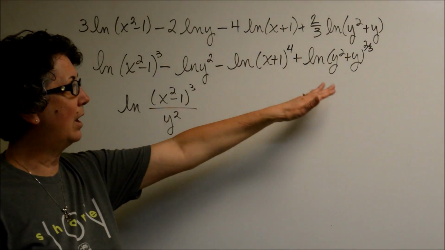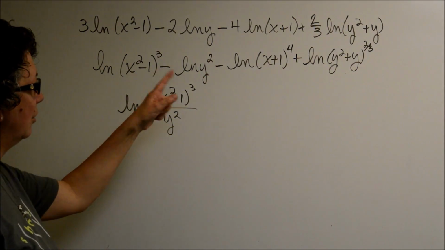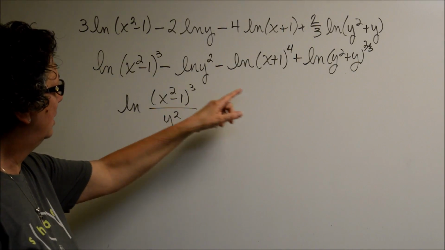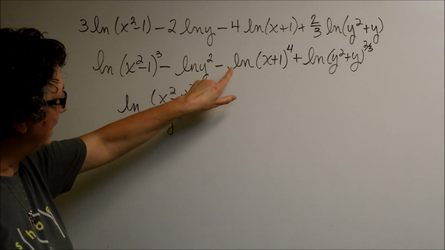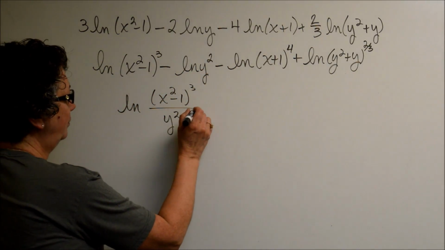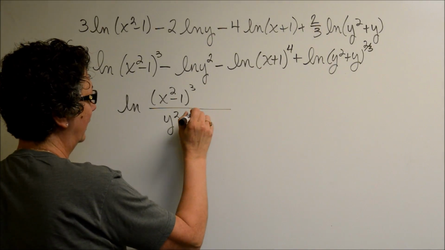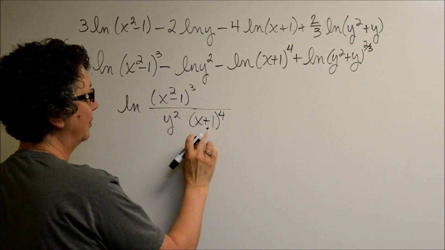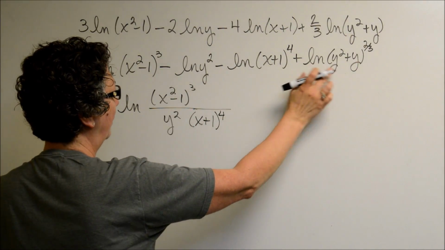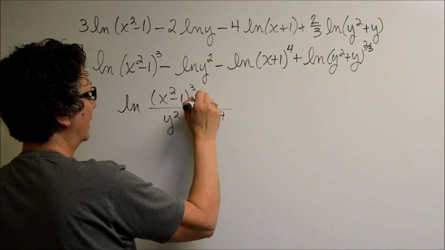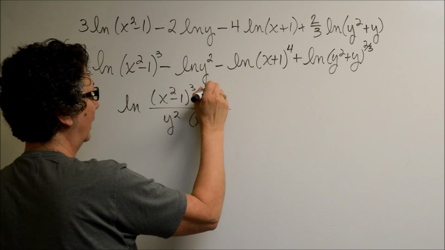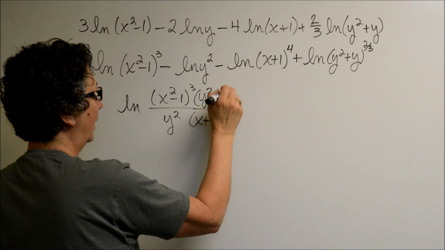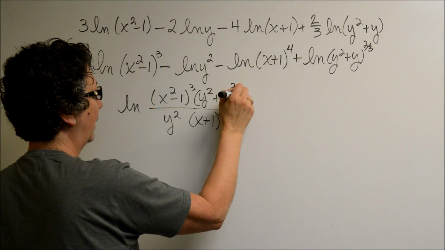I could go ahead and write the rest of it out, but we're going to go ahead and keep working. So again, I'm subtracting. So that means I've got a x plus 1 to the 4th power on the bottom here. And then I'm adding, so that's going to be multiplying by plus y to the 2/3 power.